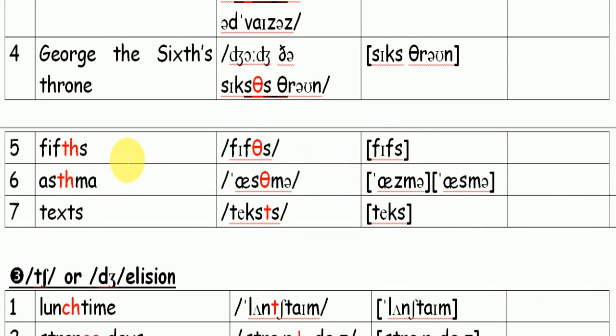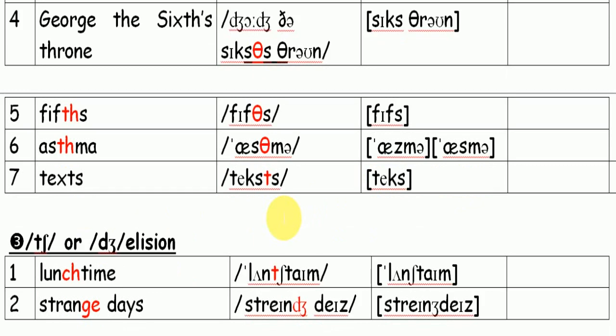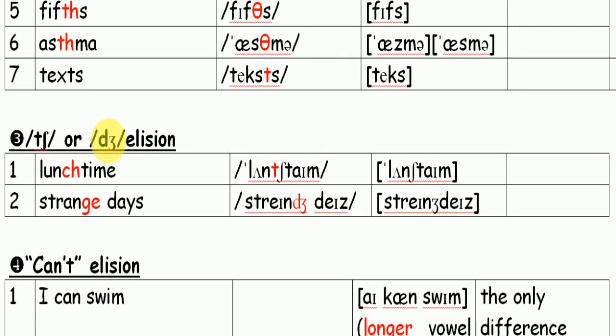Fifth: instead of this, we say fifths. And instead of saying asthma, we say asthma. Texts, text. Ch or j. Lunch by itself, but when it's joined to time, we say lunchtime.